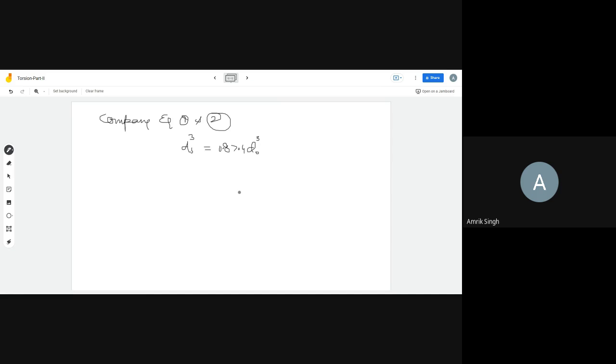So therefore, if you compare this, you will get the value of D in terms of DO. If you calculate this, it is coming 0.95484 DO.